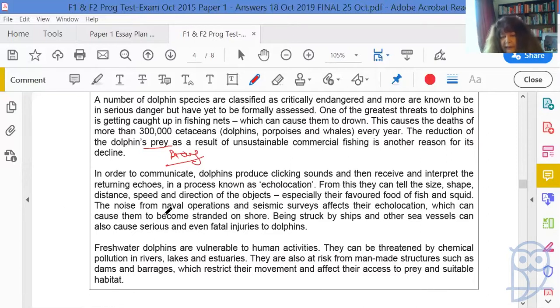The noise from naval operations and seismic surveys affects their echolocation, which can then cause them to become stranded on shore. Being struck by ships and other sea vessels can also cause serious and even fatal injuries to dolphins.